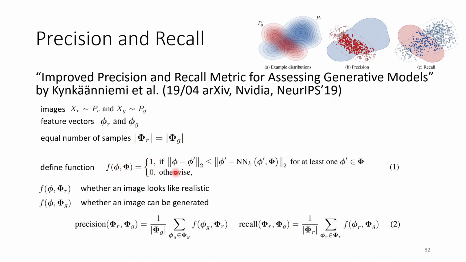If they can find similar images from the distribution, and the distance is shorter than the k-th neighbor distance, then it belongs to the real distribution. After the definition, they can measure the precision and recall. So this is very easy and straightforward.